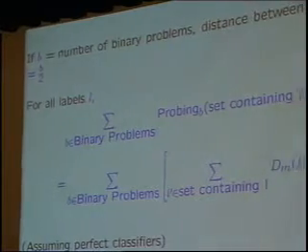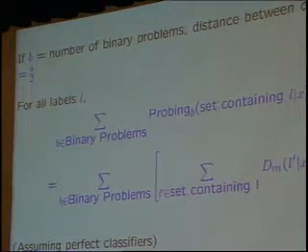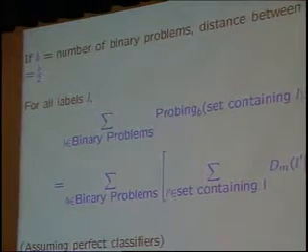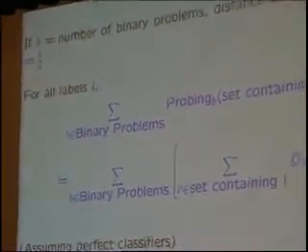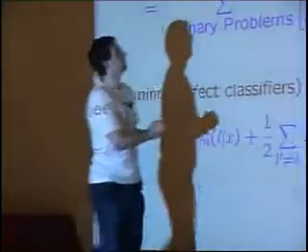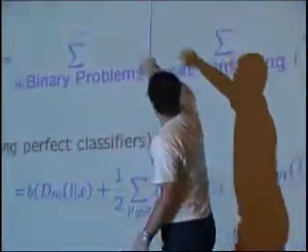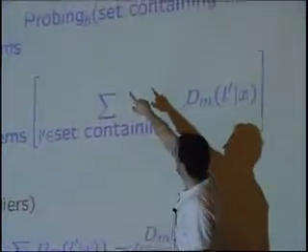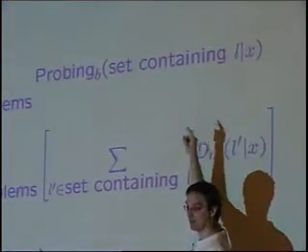It's actually equality. And then the way we analyze this, we're going to do an analysis assuming that the binary classifiers are perfect first. And then we'll do the imperfect case next. Okay, so assuming that they're perfect, the L1 distance is the binary problems of what Peacock tells you is the probability of a set containing your label.